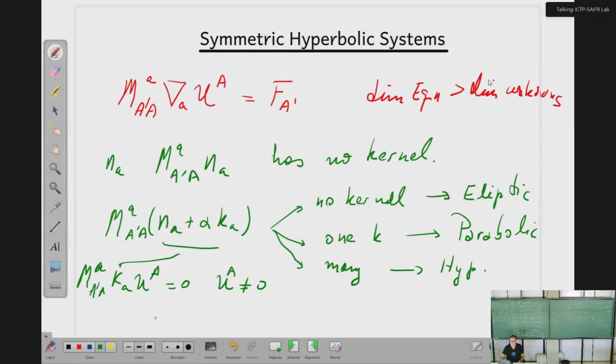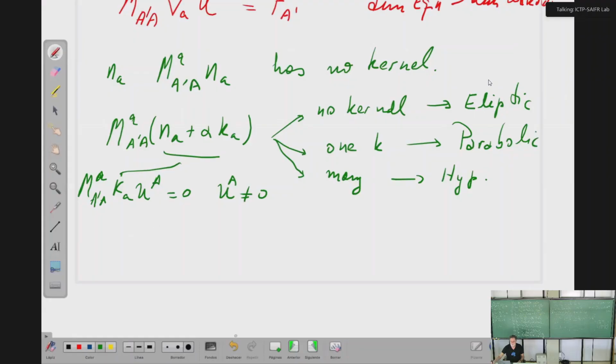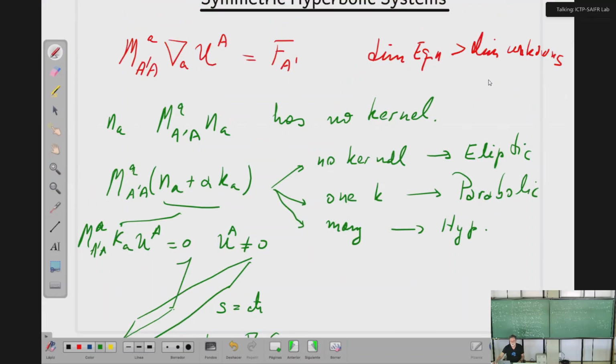Then there are waves propagating along this surface, right? k is a covector, so it determines some surface. This surface is given by some function equal to constant, and then k, you can choose it to be the gradient of S. So it's a covector. So there are waves that are going through this surface.